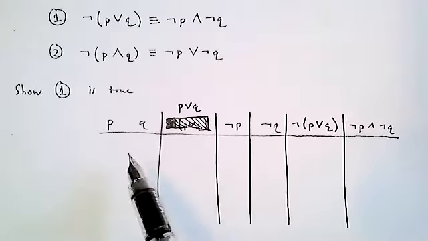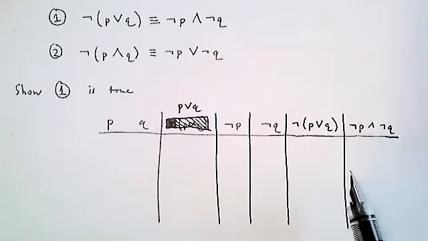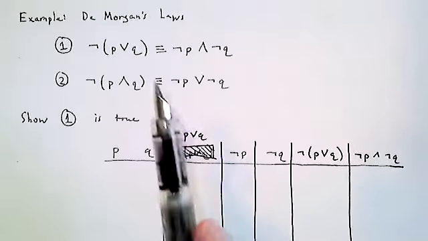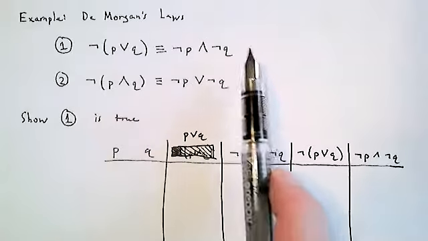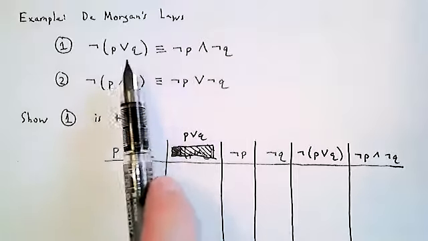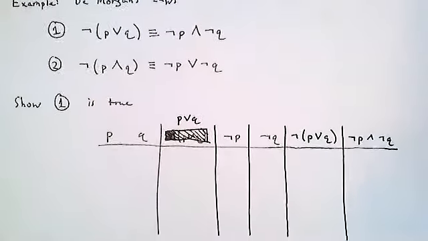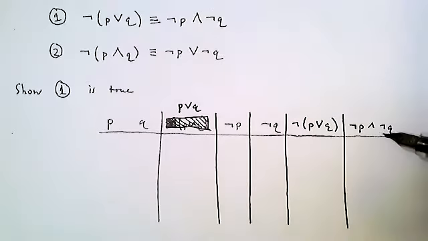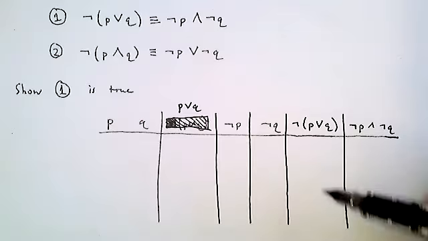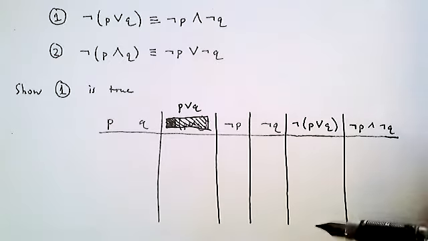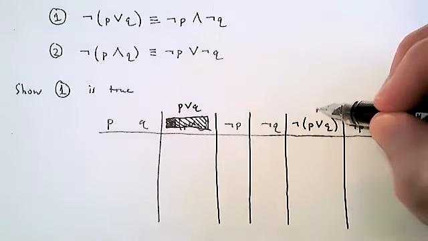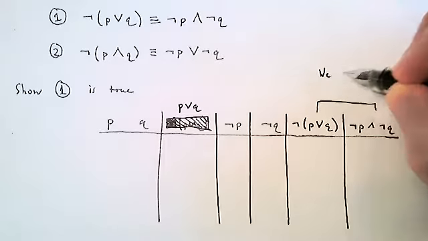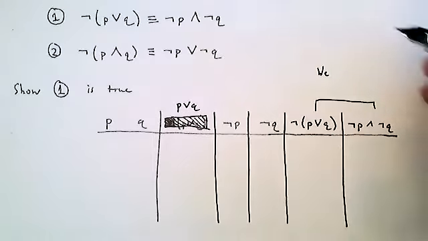And now we fill in from left to right, from simple to complicated. Since we're trying to show this law is true, this logical equivalence, what we want to see at the end is that these two columns, the one for the left and the one for the right, have exactly the same truth values in their rows. So let me put a note up here before we get started.